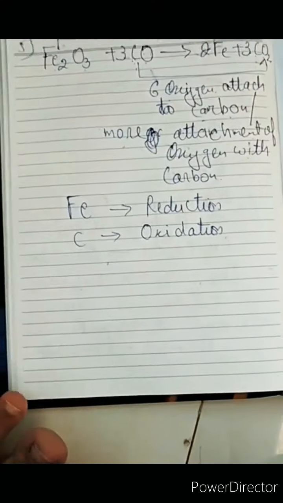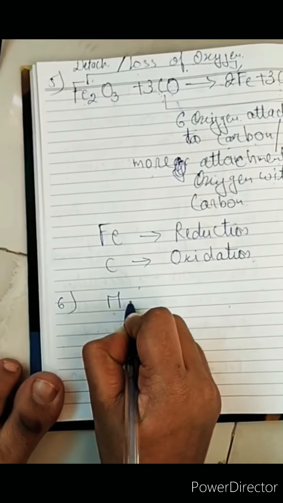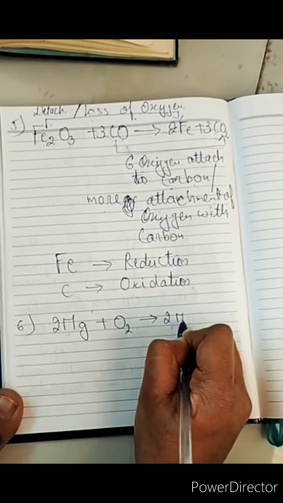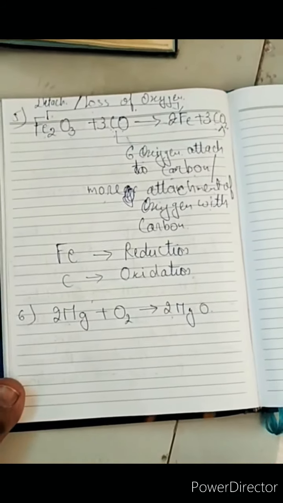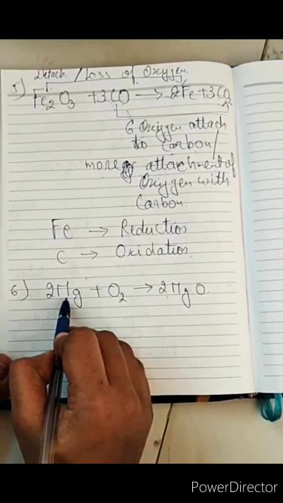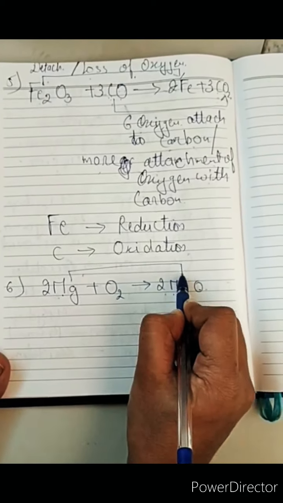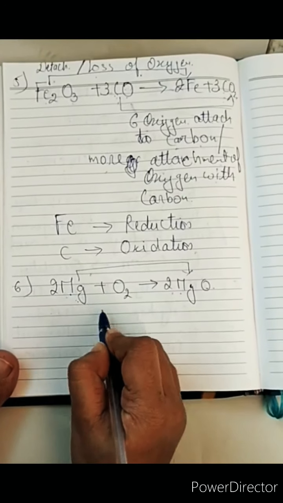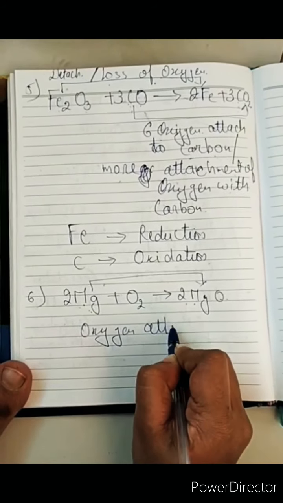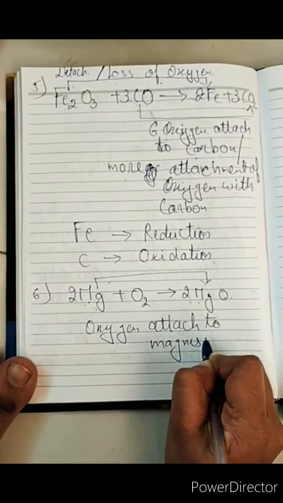One more very simple example we can take so that you will understand the concept. Let's say we have 2Mg plus O2, that will give you 2MgO. So clearly you know here no attachment of oxygen, but after reaction oxygen is attached to magnesium.